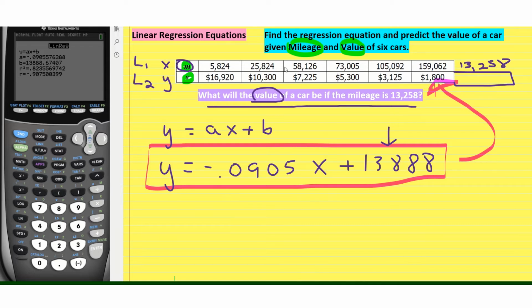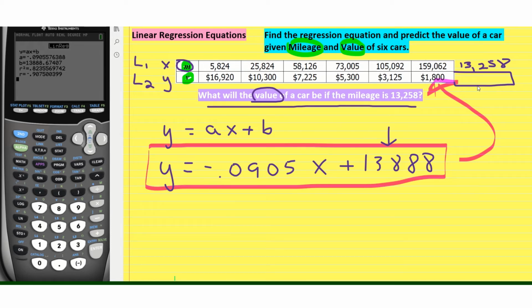So linear regression basically means we start out with data points and we are going backwards. We are regressing and going backwards to find the equation that would match with that data as closely as possible. It will not be a perfect match, but it will be close. And then we can use that regression equation to predict other values, and that's what we want to do.